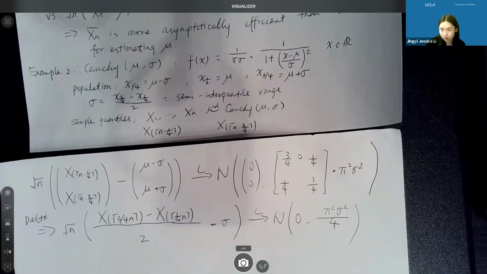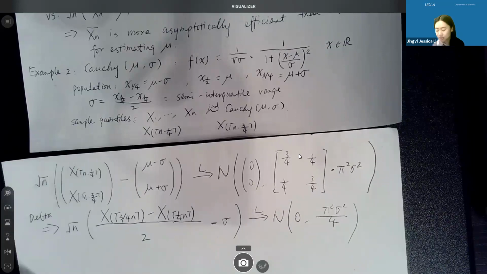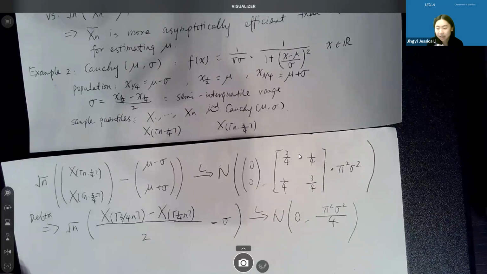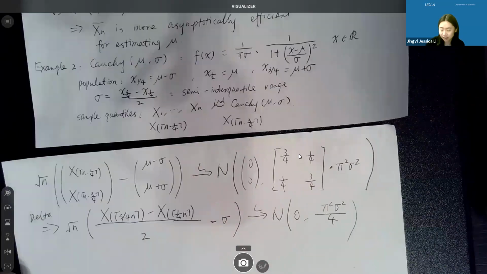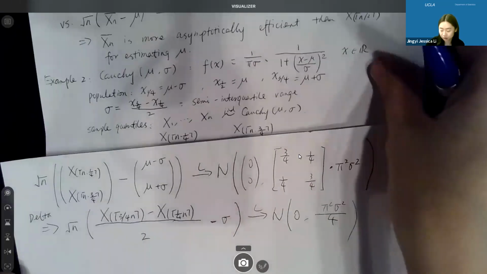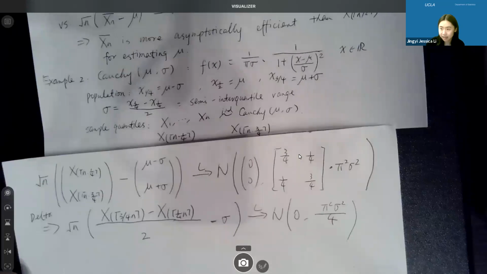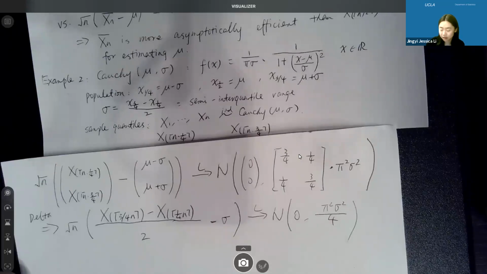Because when we use the sample quantiles to construct estimators, we don't need sample moments, right? So you see, compared to sample moments, what's the nature of it? It's actually some sort of average of my n data points subject to some transformation, right? If I take x1 plus x2 plus up to xn over n, that's my sample average, sample mean.